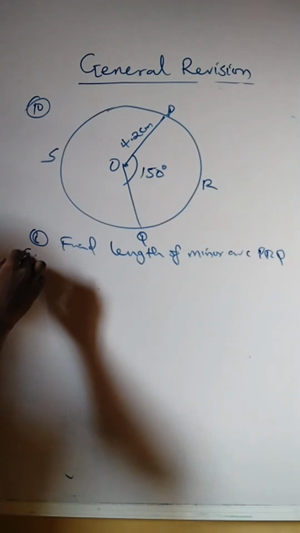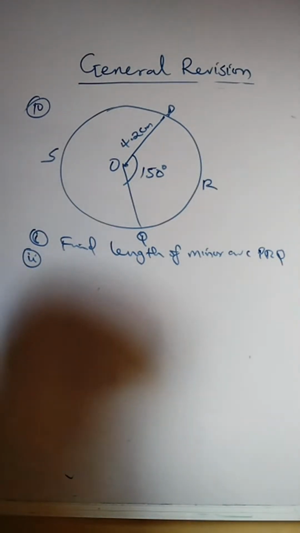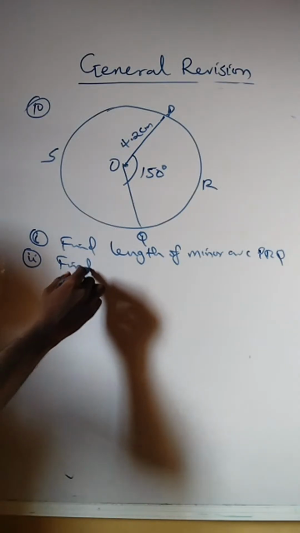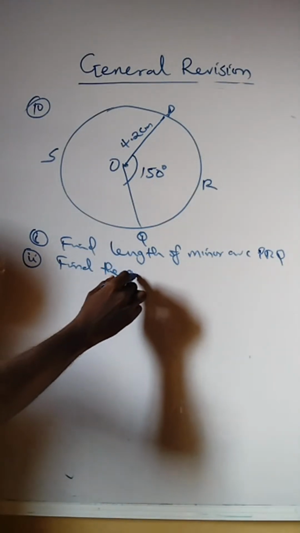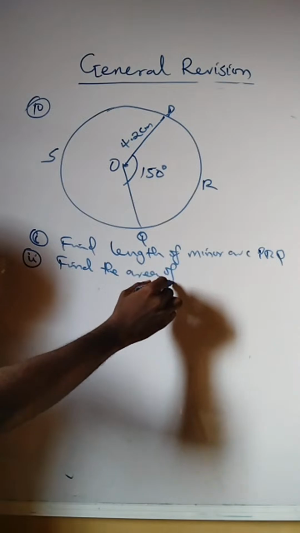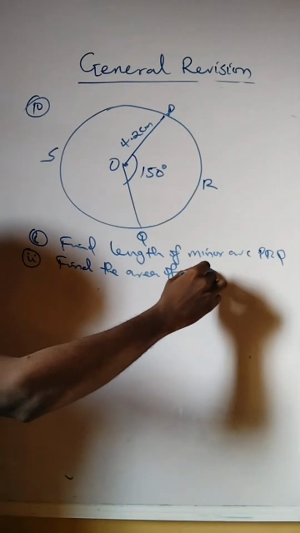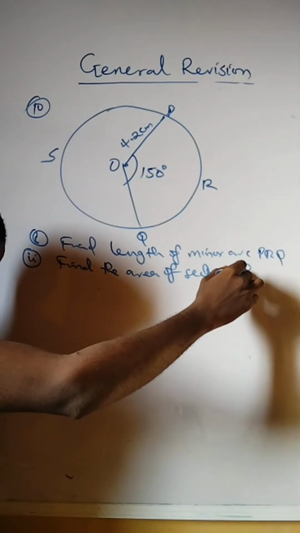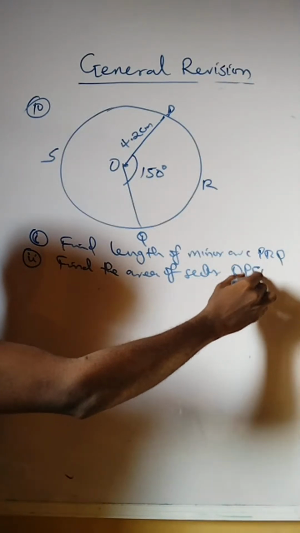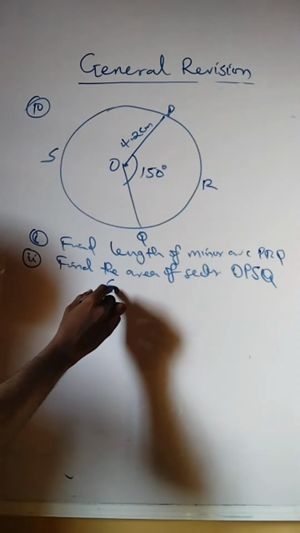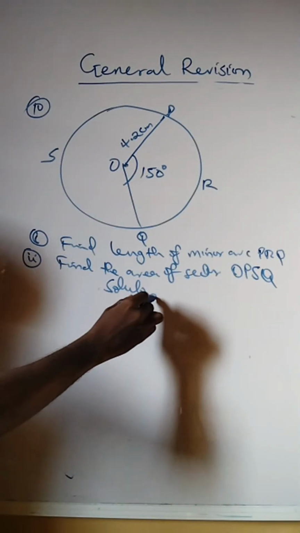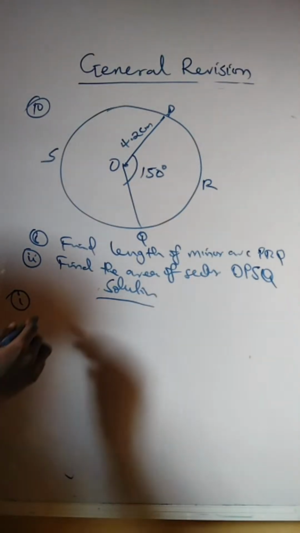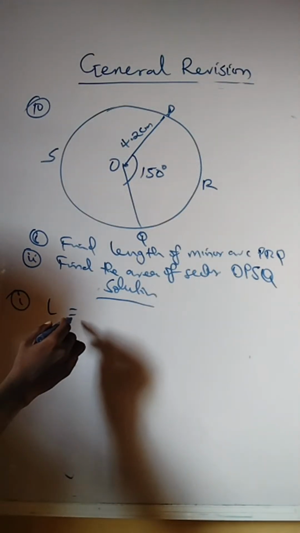And 2, find the area of sector OPSQ. Now, solution here. The first one we are finding is the length of arc L of the minor arc.